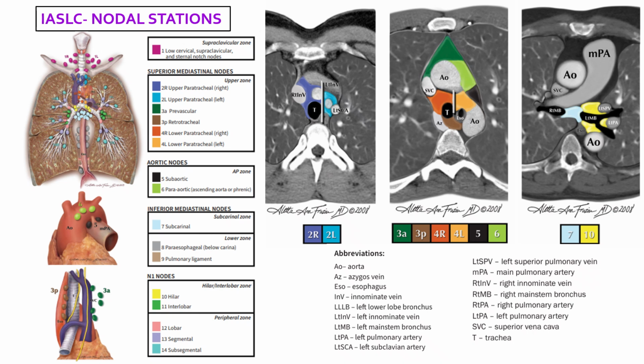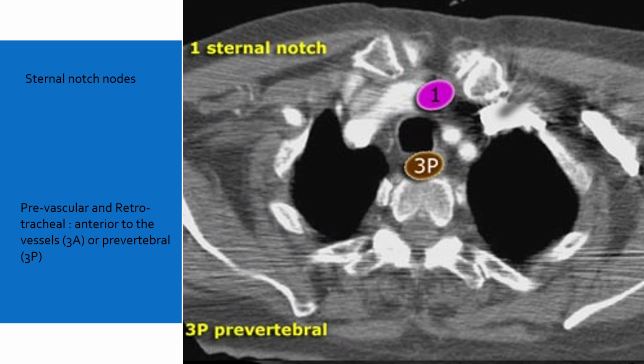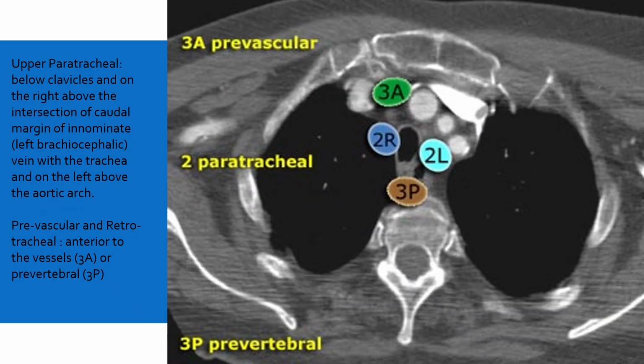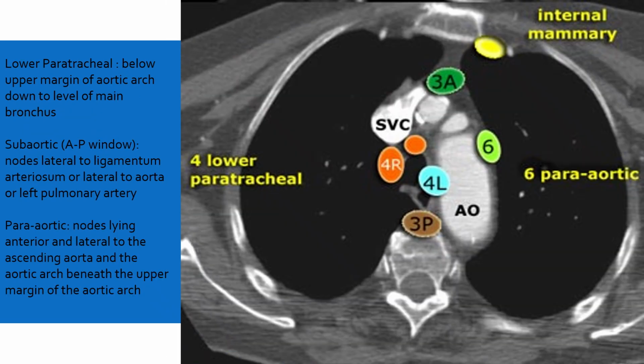This is the axial view of the CT scan for location of the nodes. And further are certain CT scan cuts which show us the location of the mediastinal nodes. In this cut, we can see the sternal node and the prevascular node, station 3. Here we can see right and left paratracheal, prevascular and retrotracheal nodes. Here we see right and left lower paratracheal nodes, paraesophageal nodes.